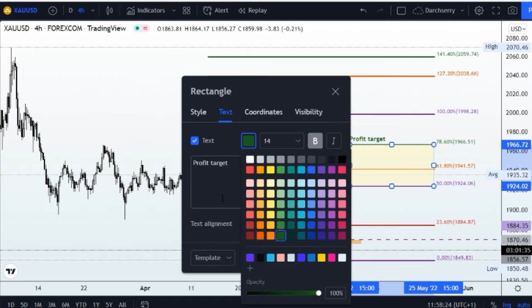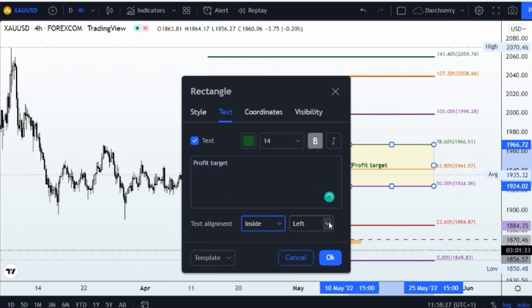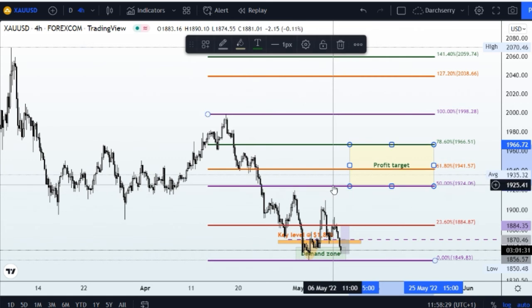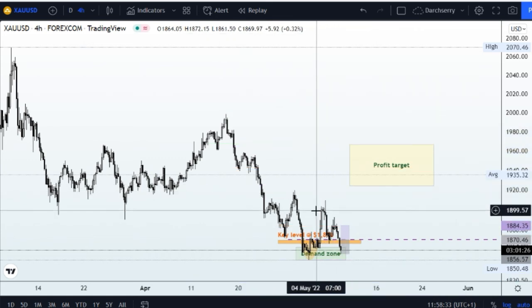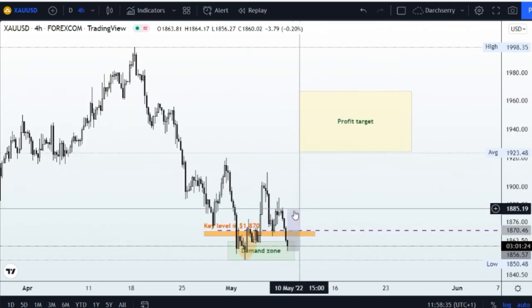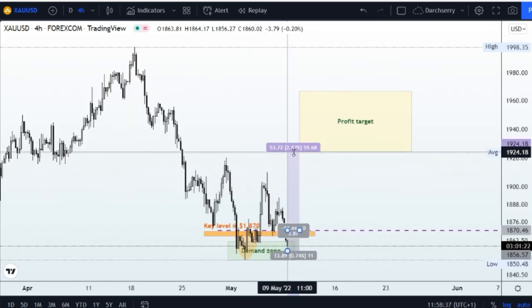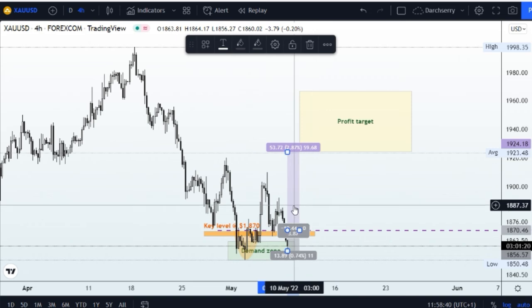So if we have this right in between, in the center, okay, so let's delete the retracement tool. So we'll be having our take profit right around this area, and that's around 5,000 pips.